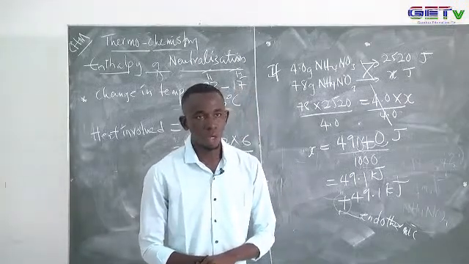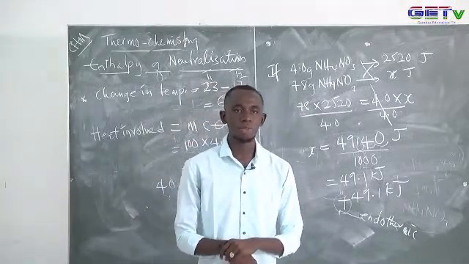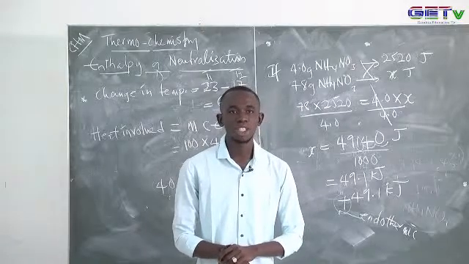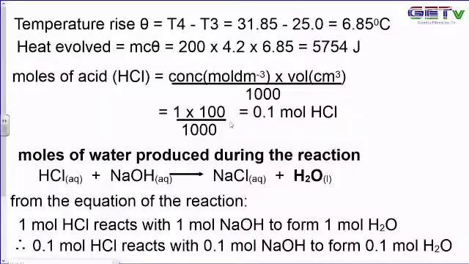These are equal to 31.85 minus 25.0, and then we'll have 6.85 degrees Celsius as our change in temperature. Now let's do the calculations together so that we will have better understanding of what is meant by enthalpy of neutralization.